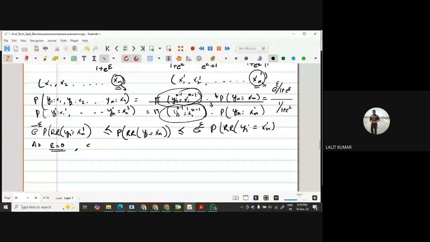The main takeaway from this formula is that as epsilon becomes 0, both these responses become identical. It means there is total privacy; you cannot distinguish them. But as you increase epsilon, they start becoming distinguishable and privacy decreases. So this is the relation between privacy and epsilon.